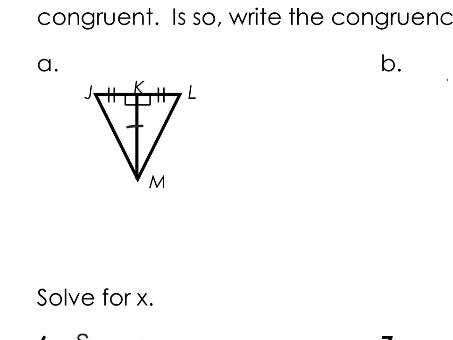Okay, so I have a side and an angle and a side in that triangle, and the side, angle, side in the other triangle. So they are congruent by side, angle, side. You may have wanted to immediately say HL for hypotenuse leg because it had a right angle. But remember, we only do that when we have SSA with a right angle. Then we change it to HL.